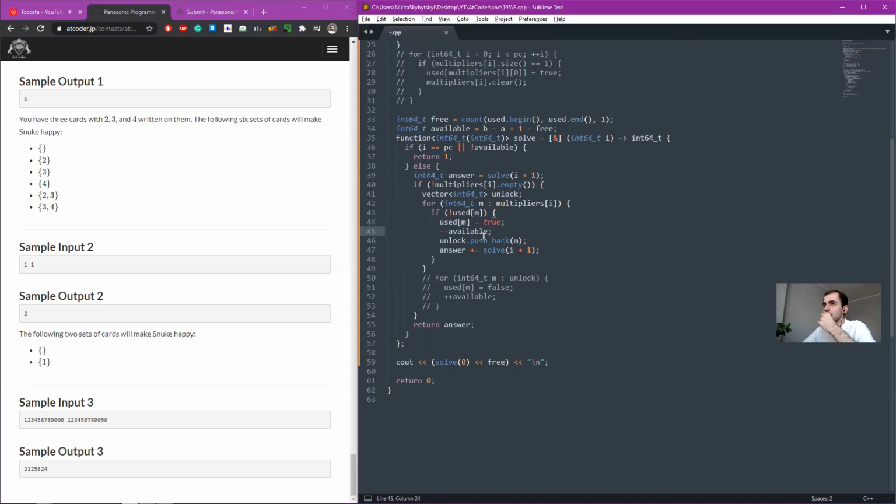No, actually, synchronously, they should unlock. So after we come back out of this, yeah, we should unlock.